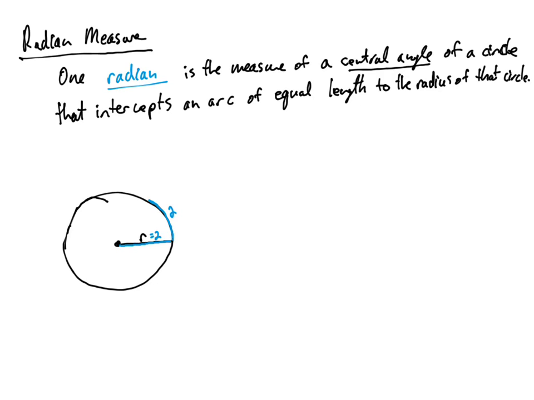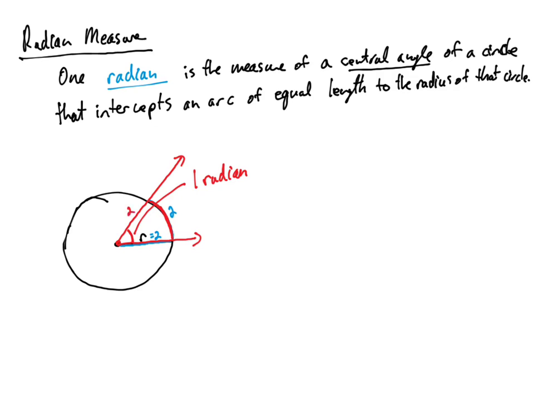Now, this central angle, where the vertex is at the center of the circle, is equal to 1 radian. So that's what a radian is. It's the angle that's created when the arc length, which is 2, is equal to the radius.